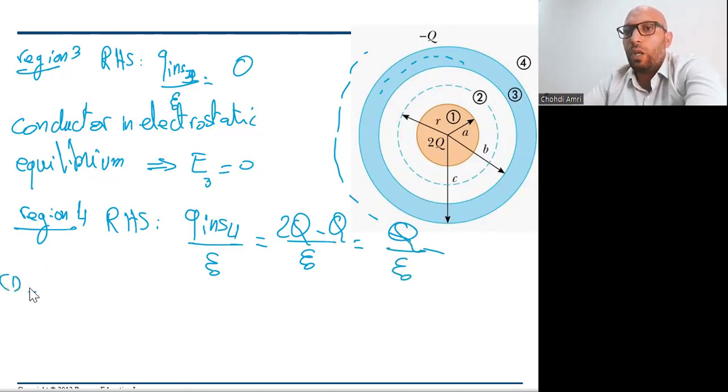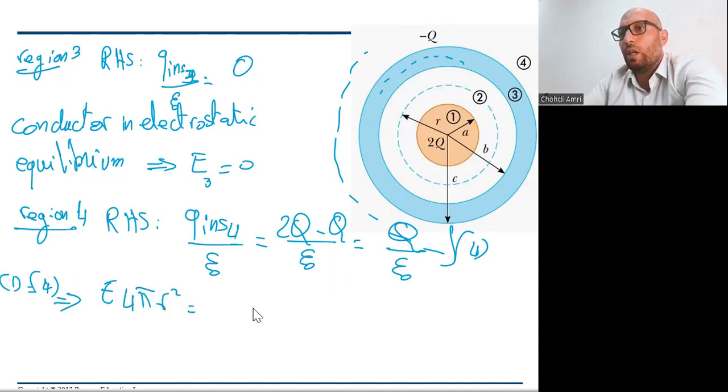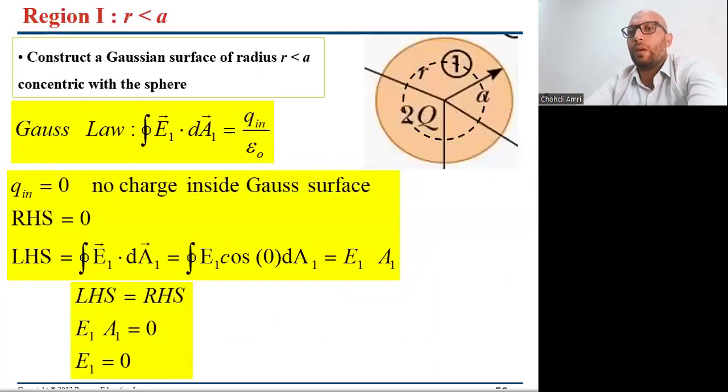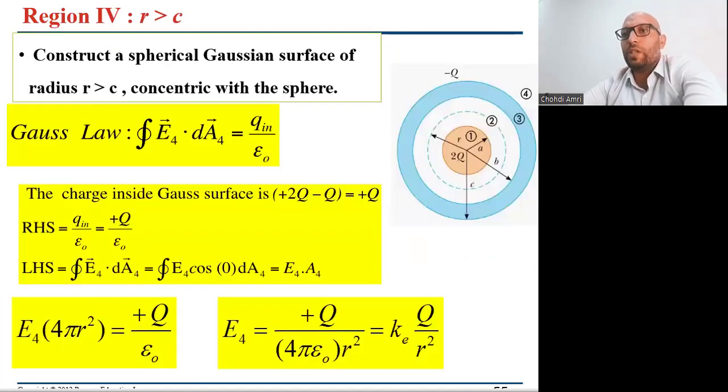So equation 1 equals equation 4 gives E 4 pi r squared equals Q divided by epsilon naught. That means E equals K Q over r squared. And we are done. This is the electric field outside. Okay, we are done with the 4 regions.